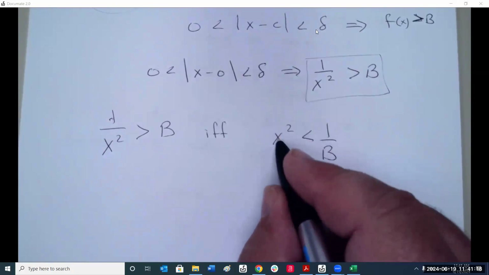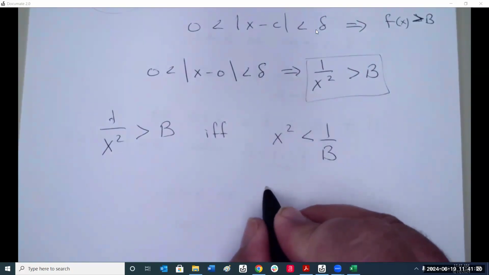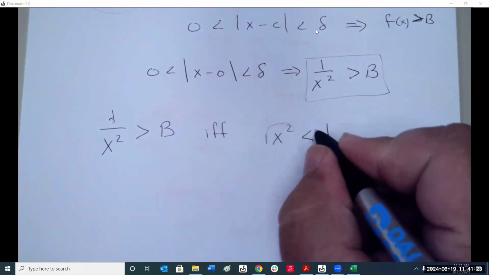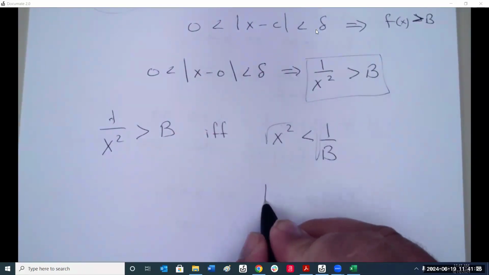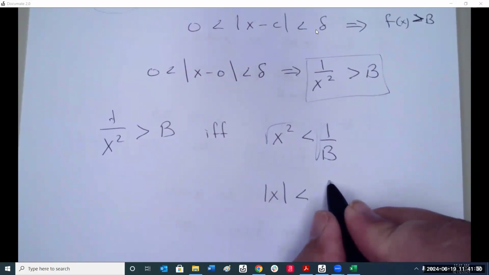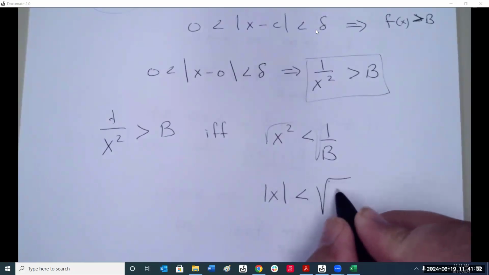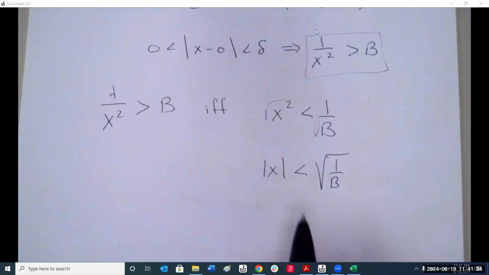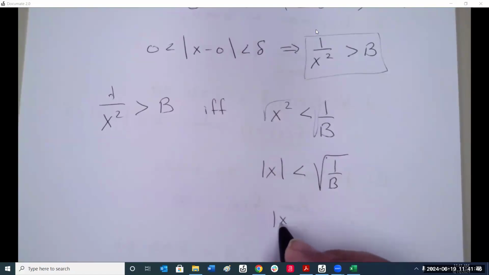So if we square root both sides, we get the absolute value of X is less than the square root of 1 over B. The reason why we have absolute value is because, remember, all our values have to be positive. So it's 1 over square root of B.